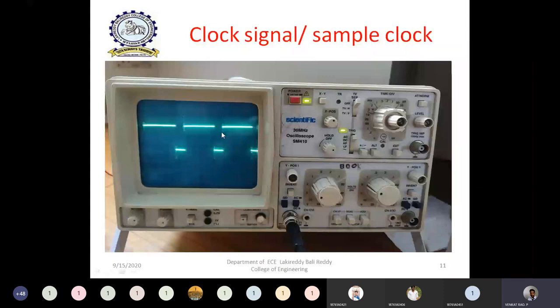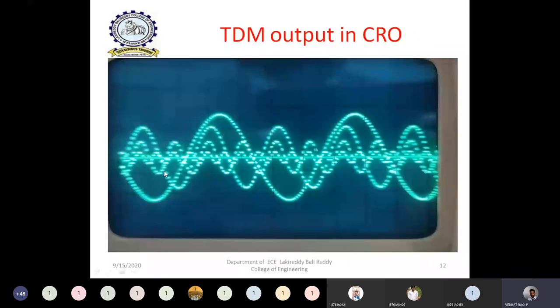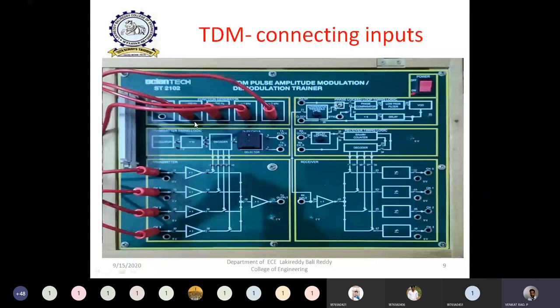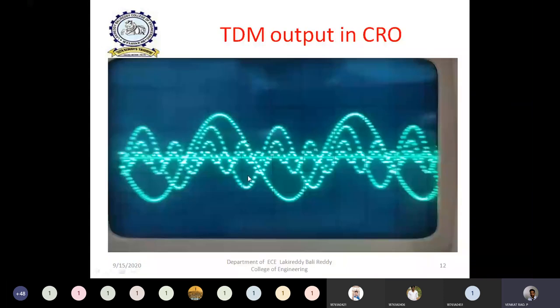If you observe the time period of this waveform, this time period is nothing but the sampling time, that is TS. Now, after connecting all these four input signals, if you directly observe the multiplexed output here, it will be obtained like this. So all of you carefully observe this. The waveform contains dotted lines.